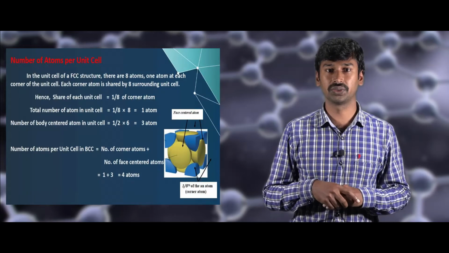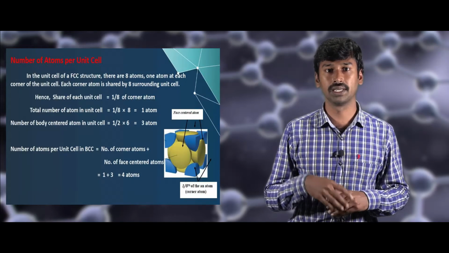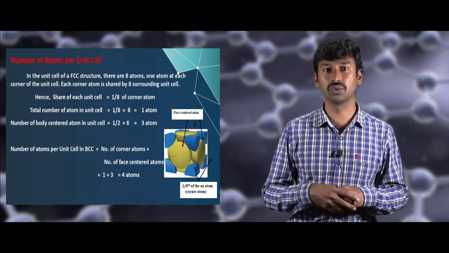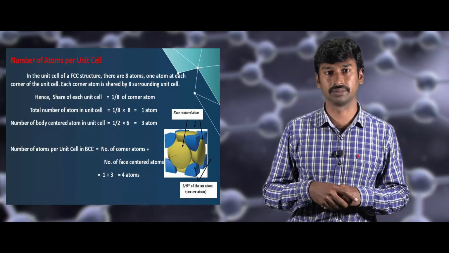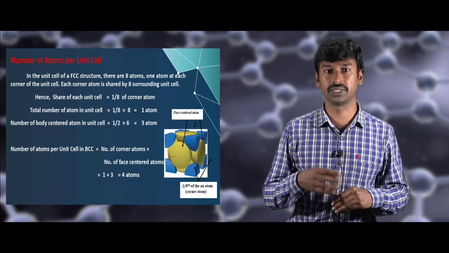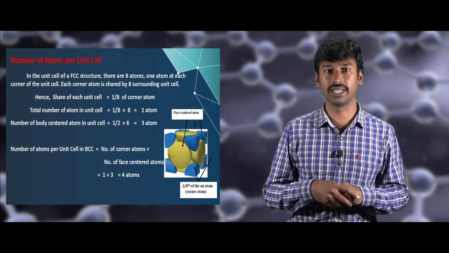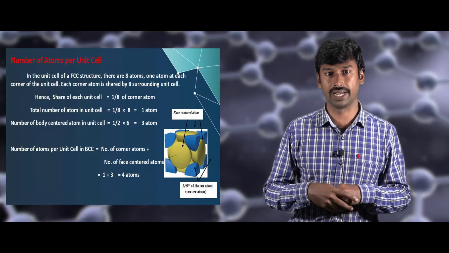Now we are going to see the number of atoms per unit cell for this FCC system. This FCC system consists of two types of atoms, that is corner atoms and face center atoms. The corner atoms are shared by 8 of its surrounding unit cells, that is the number of corner atoms is given by 1 by 8 into 8, that is 1 atom.